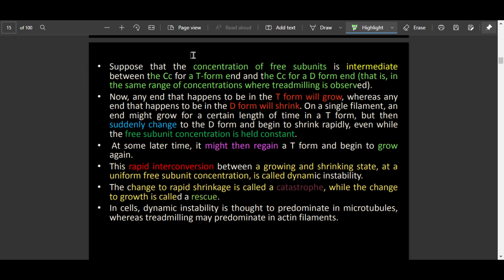Here some T form subunits are free, and their concentration should be in the same range where treadmilling occurs.